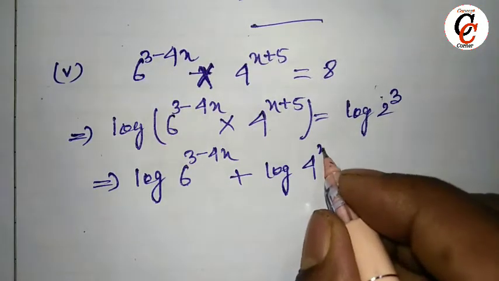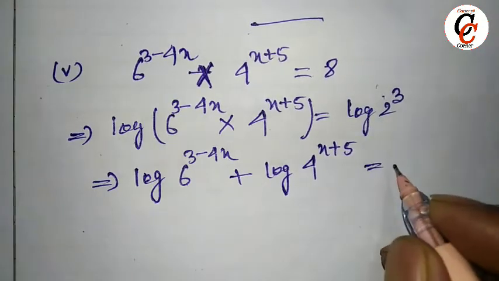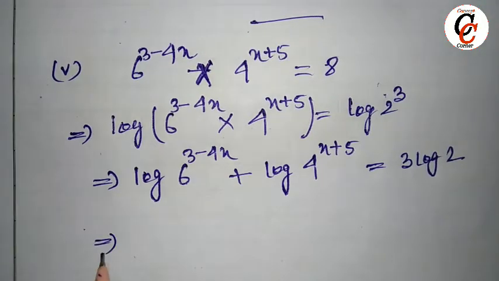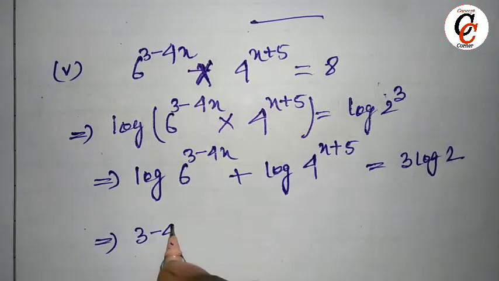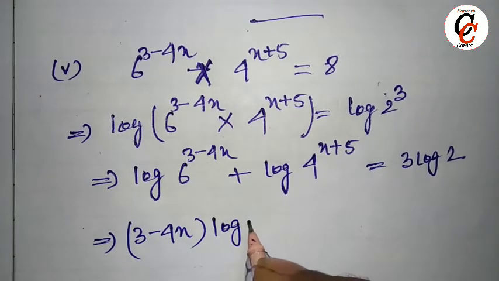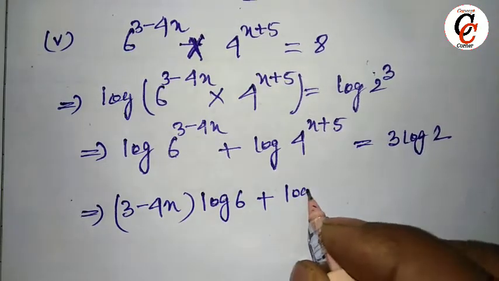Since it is of the m into n type, that means the numbers are in product, so we can write log of 6 to the power 3 minus 4x plus log of 4 to the power x plus 5. Here log of 8 is 3 log 2.